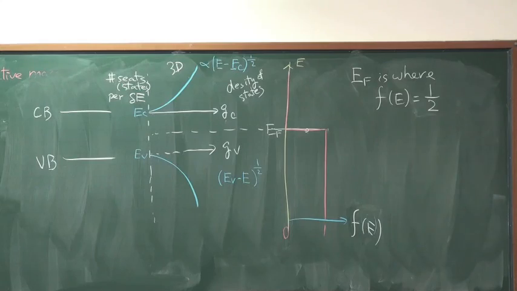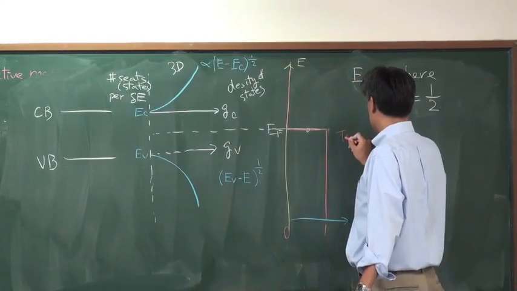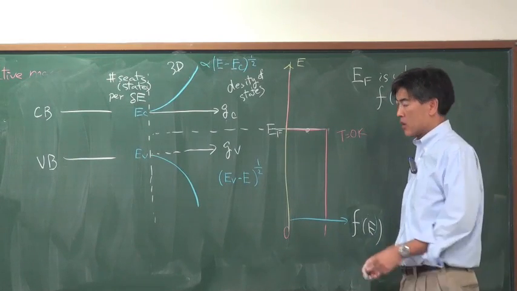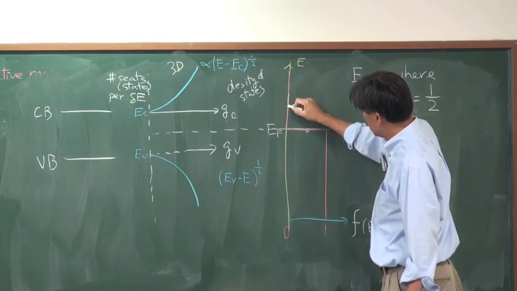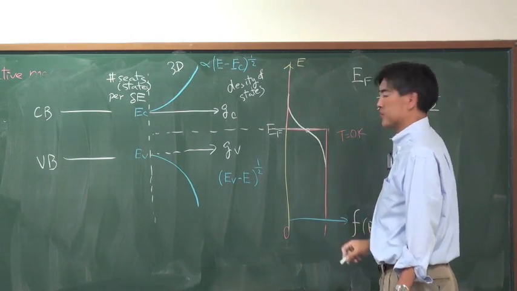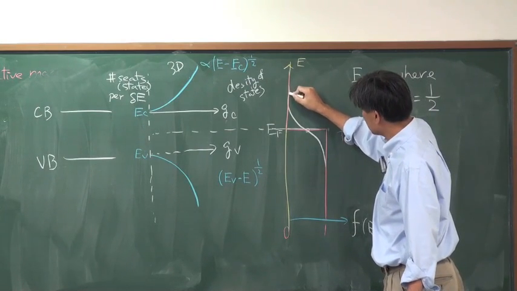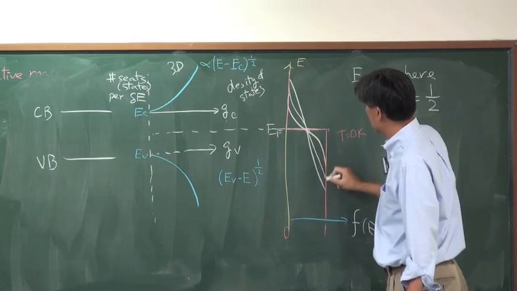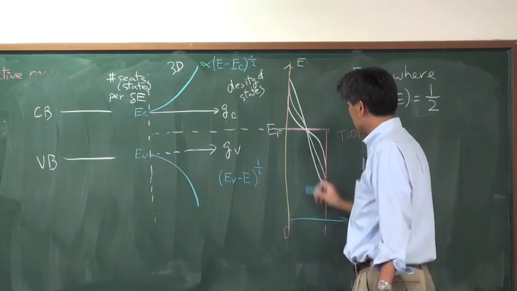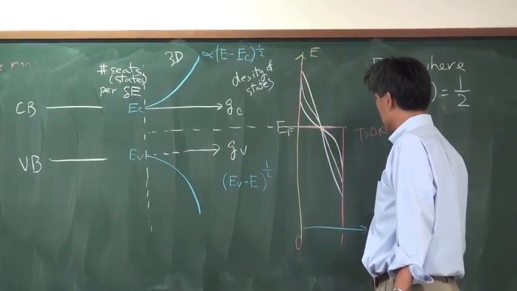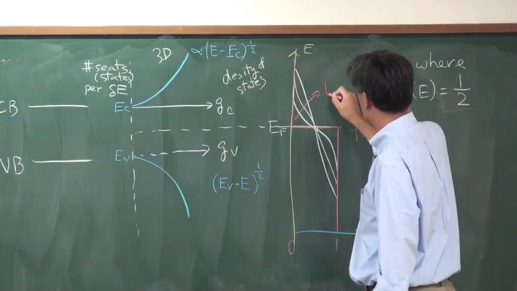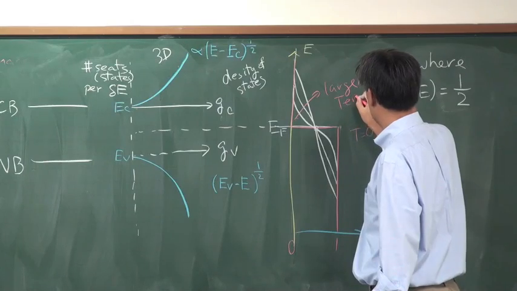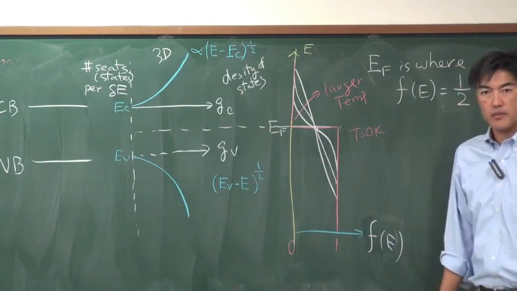That is for temperature equal to 0 Kelvin. At higher temperature, the Fermi function becomes smeared out. Becomes even more smeared out as temperature becomes larger. Okay?